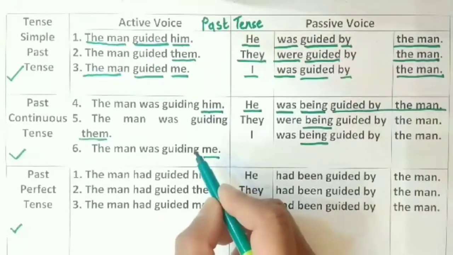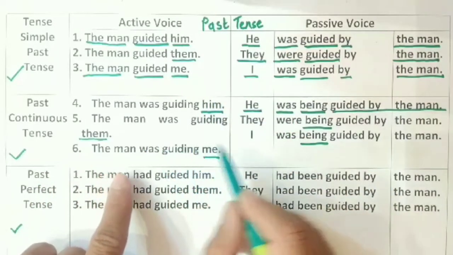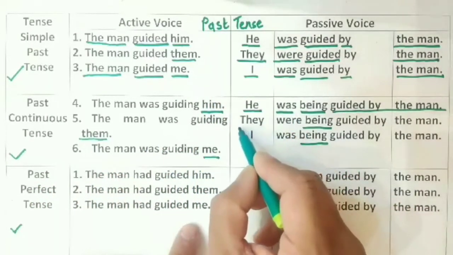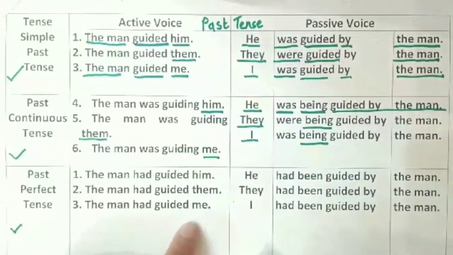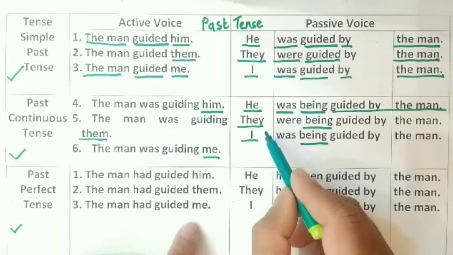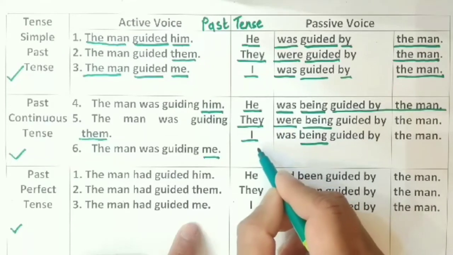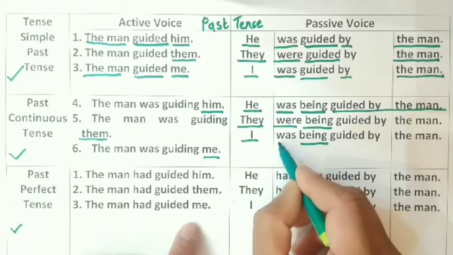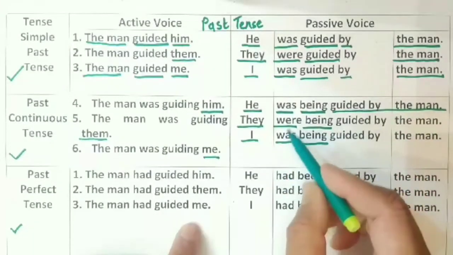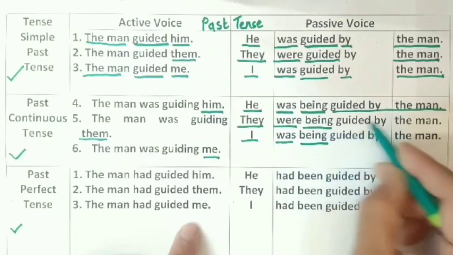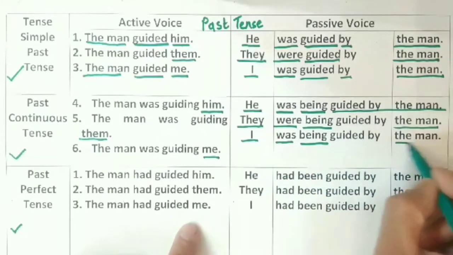They are in their objective cases in this active voice, but when we transform into passive voice, we have to convert them into their nominative case, they and I. As they is a plural pronoun, we have selected were here, and I is a singular pronoun, and therefore we have selected was here. And this is how we get the answers. They were being guided by the man. I was being guided by the man.